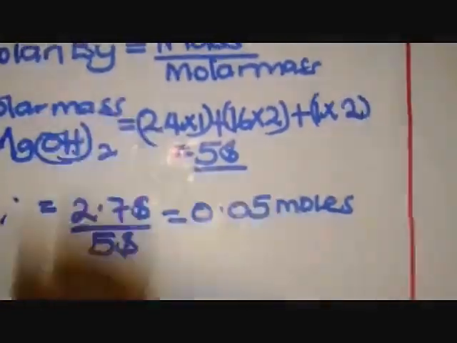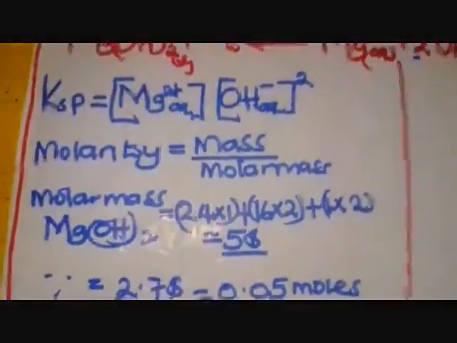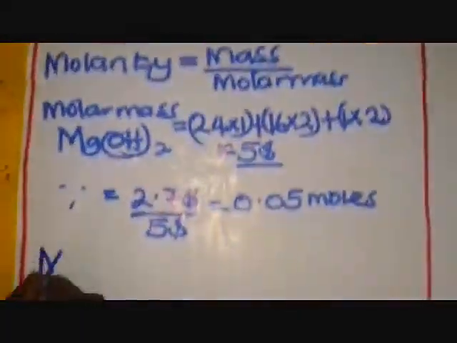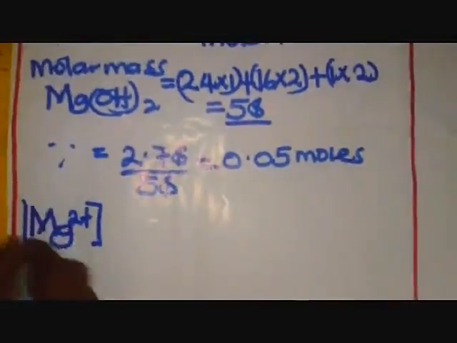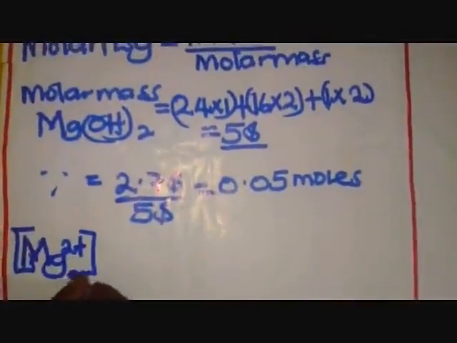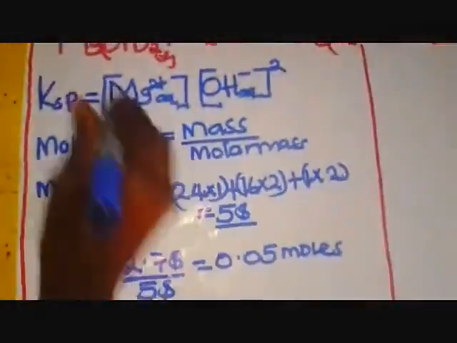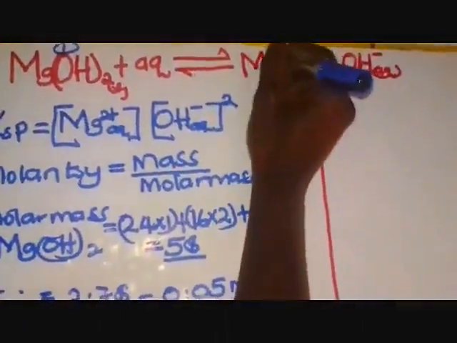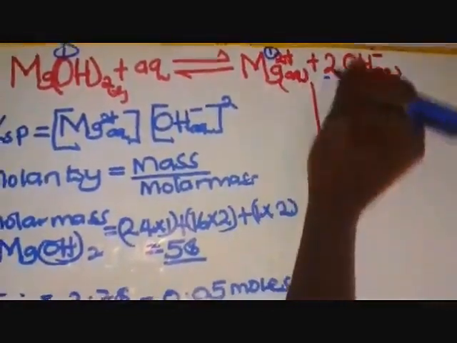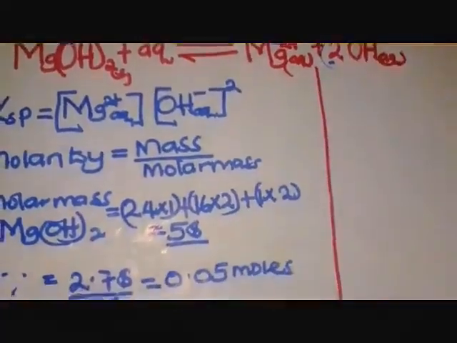So from there now we are going to relate. Remember we said we have to find the concentration of magnesium ions. When finding the concentration of magnesium ions, we are going to base on the mole ratio. 1 mole of this, when you look here, produces 1 mole of that, and then it produces 2 moles of hydroxide ions.